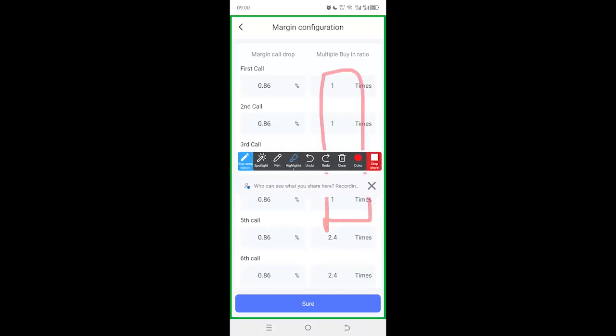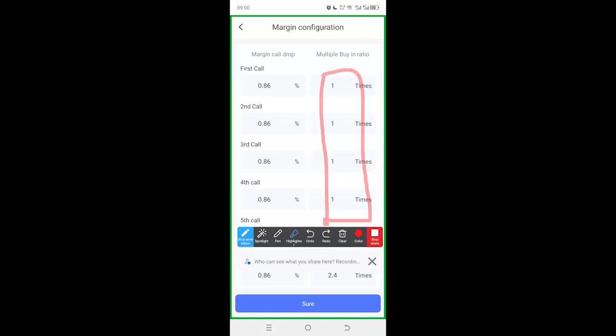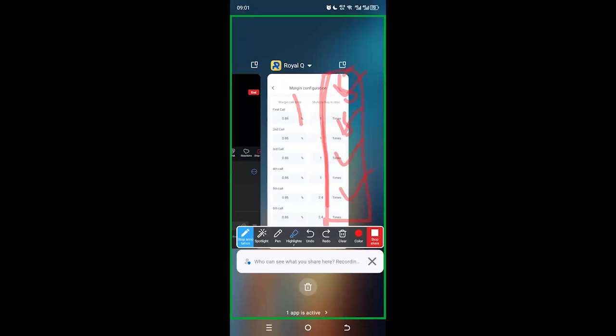That means the robot will be able to take 1 time of my first buying amount, that is $5. So that means every time it buys, goes down by 0.85, it takes the margin call, meaning it takes 1 time, takes $5, $5, $5, $5. You see this? Okay, then if you remove the $20 from the remaining capital.